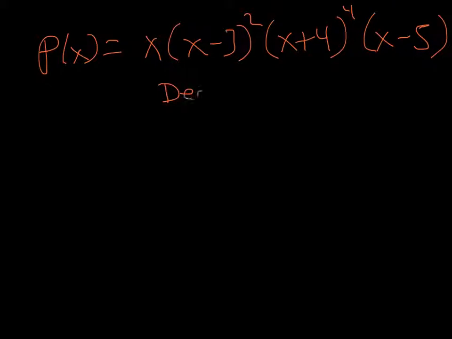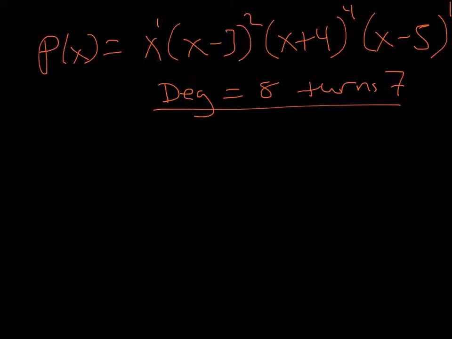What's my degree? I'm going to have a 1, a 2, a 4, and a 1. So make sure you put those degrees up there. So 6, 7, 8. So my degree is 8. My turns are going to be 7, right? 8 minus 1 is 7, okay? So let's put a coordinate system up here.